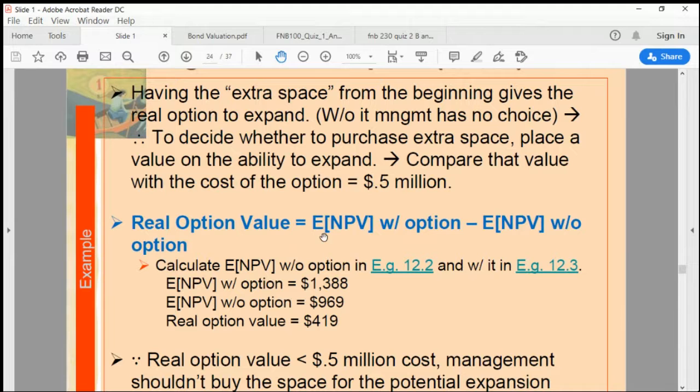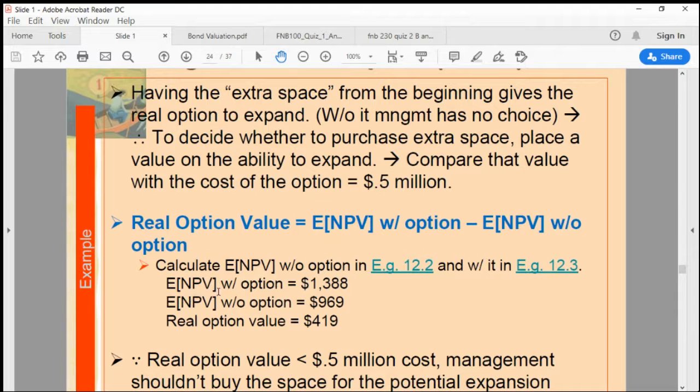So the difference between the two is certainly the value of that option. We calculated an expected net present value without the option in 12.2, and then we also calculated it in 12.3.